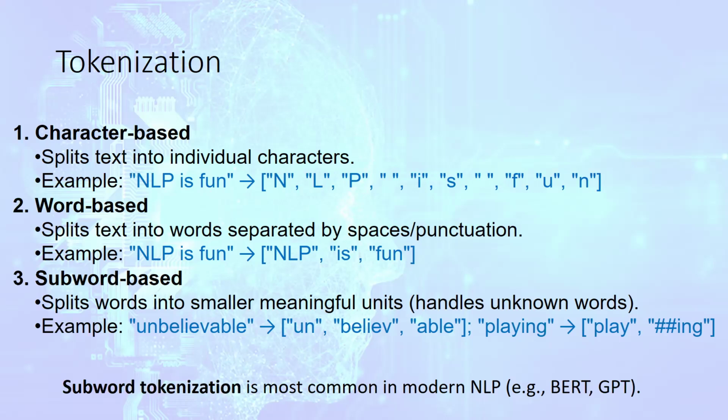But if you use a sub-word-based approach, which is the most popular now, used for example in BERT, GPT, etc. For example, we split "unbelievable" into un-believe-able, which could also be quite typical parts for other words. Or for "playing", we subtract the suffix "ing", and so it's divided into 2 tokens. So initially we have to split our text into these tokens.